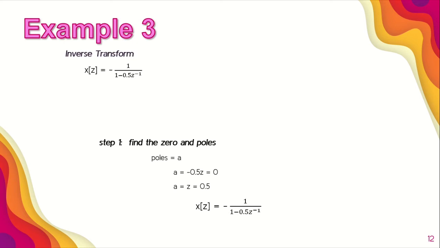So firstly, just find the zeros and poles. However, this equation has no zero, so just proceed with the pole equal to a. In this equation, a is equal to 0.5.